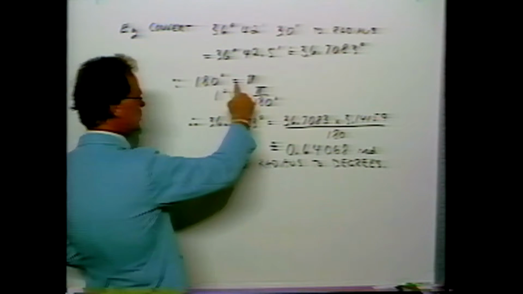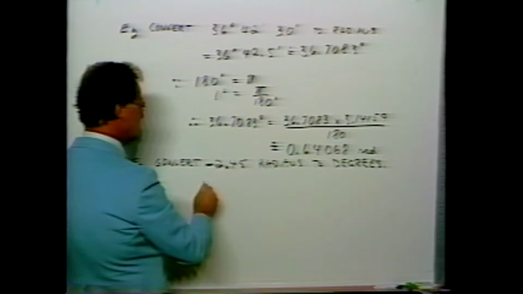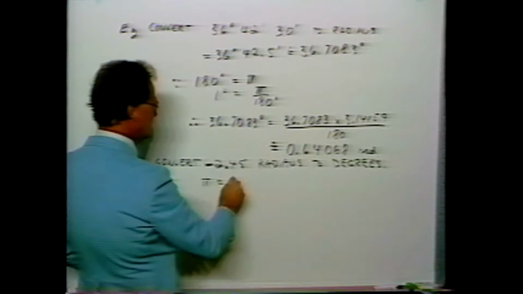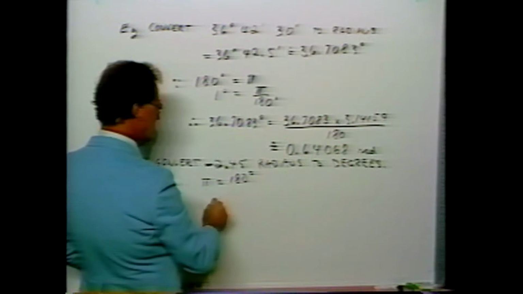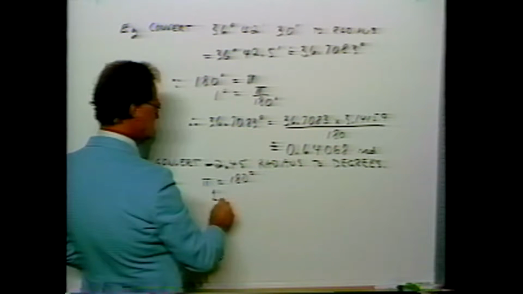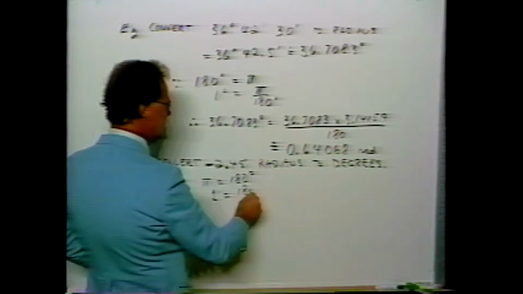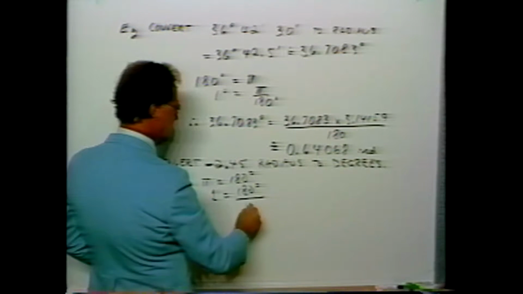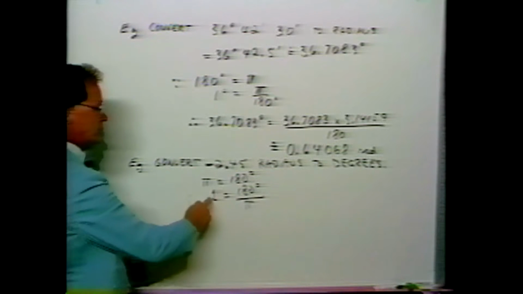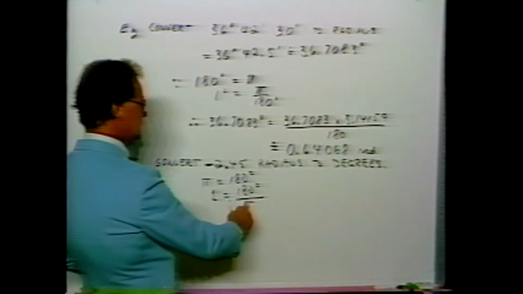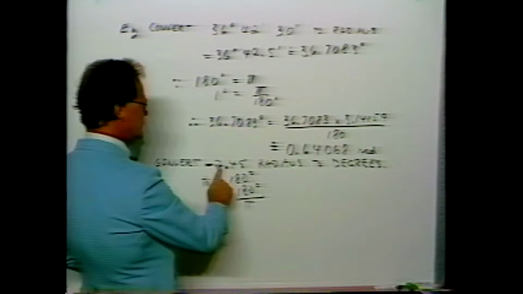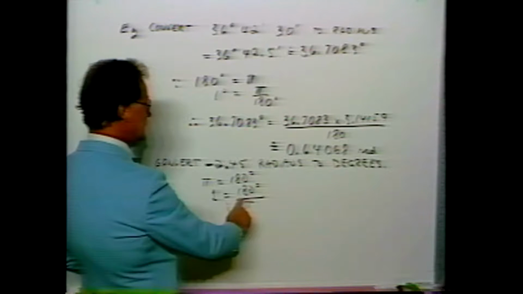Since 180 degrees is equal to pi radians, of course pi radians is equal to 180 degrees. And 1 radian is equal to 180 degrees divided by pi. So if 1 radian is equal to that many degrees, then negative 2.45 radians will be negative 2.45 times that amount.